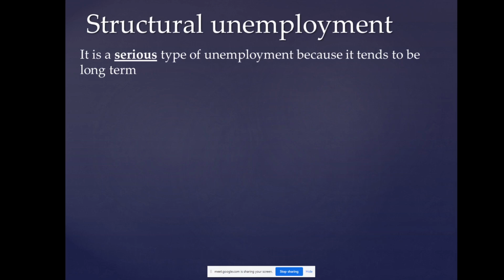So when we talk about that, they are actually related to something we learned last year, talking about mobility. If you still remember that, talking about occupational mobility, talking about geographical mobility. They are related to that.